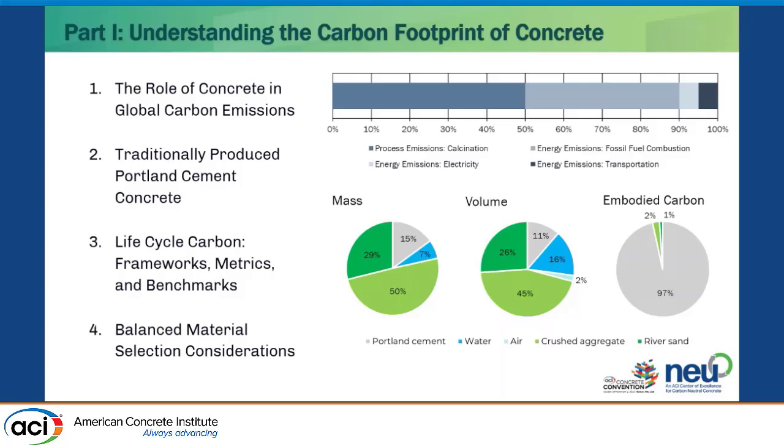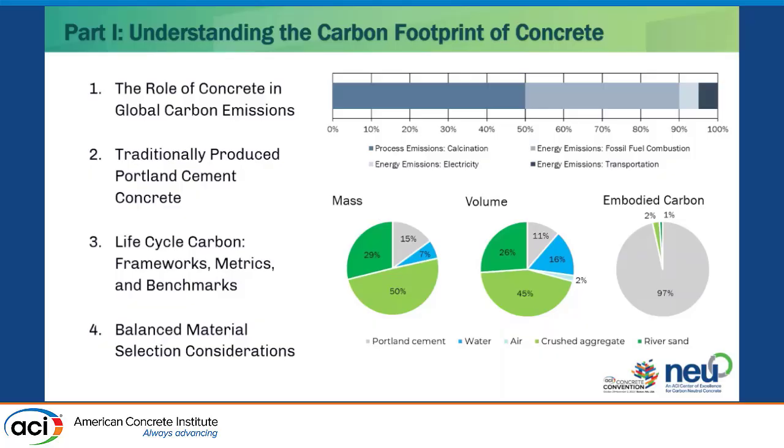Because in order to understand how to change the system to reduce carbon, we first need a good understanding of what we do traditionally. So again, for those who need that information, this chapter walks you through traditionally produced Portland cement concrete. That includes production of Portland cement.